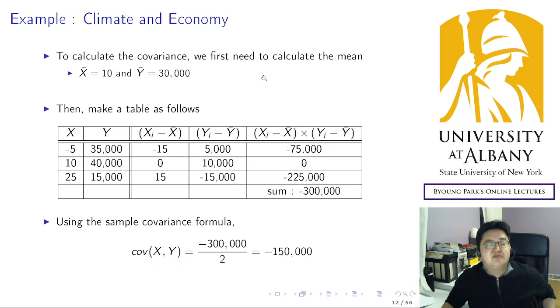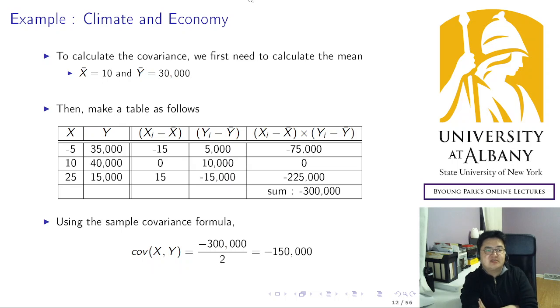The idea is simple. How do we calculate the covariance? First, calculate the mean, similar to calculating the variance. You first need to choose the center, the mean. The mean temperature is 10, and the mean GDP per capita is $30,000 among these three countries.